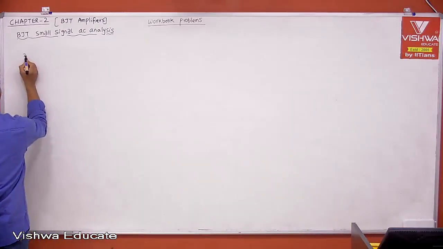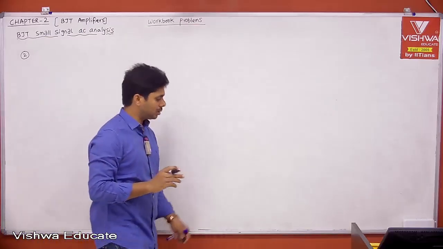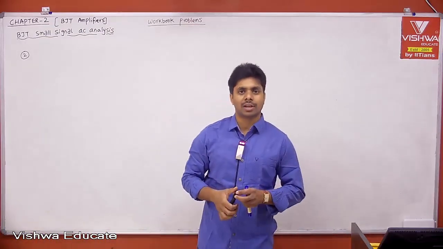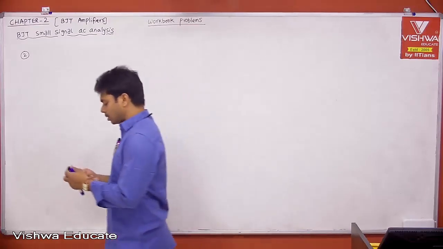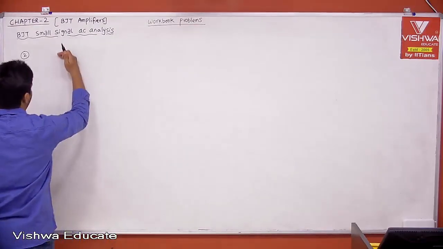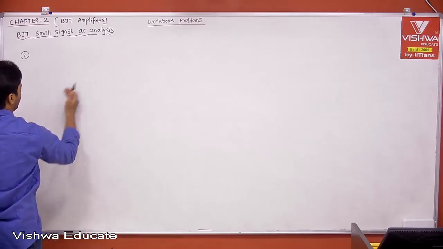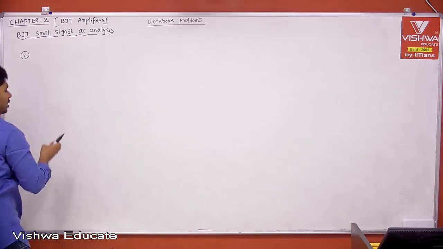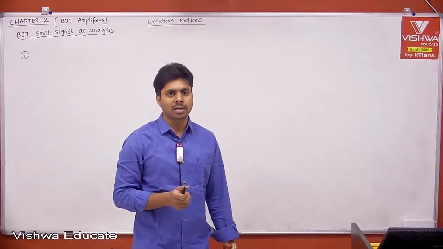Problem number 2. Calculate all AC parameters related to the following circuit. Okay, that is the problem. The AC circuit is given along with the power supply, no biasing circuit given. That is what is specified in the problem statement, right? Therefore, it is only asking for AC parameters. Anyway, we are looking for the AC circuit, right?